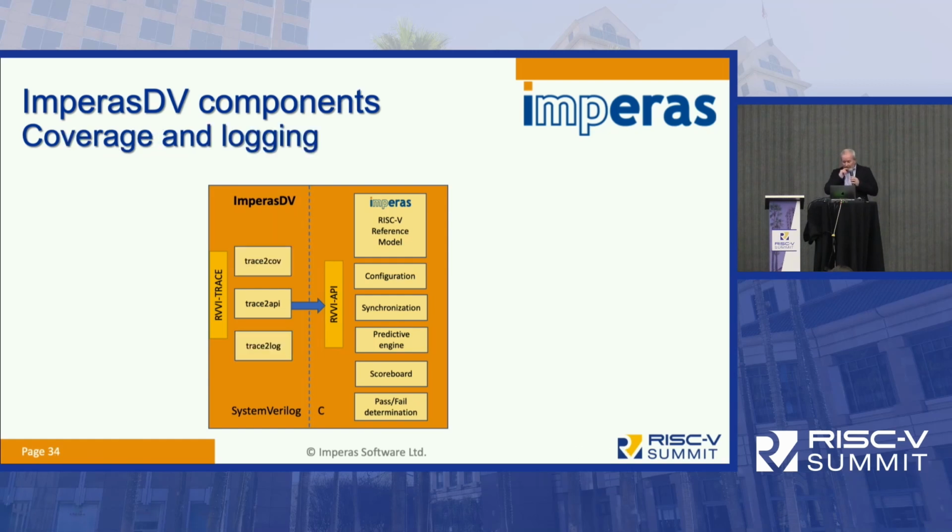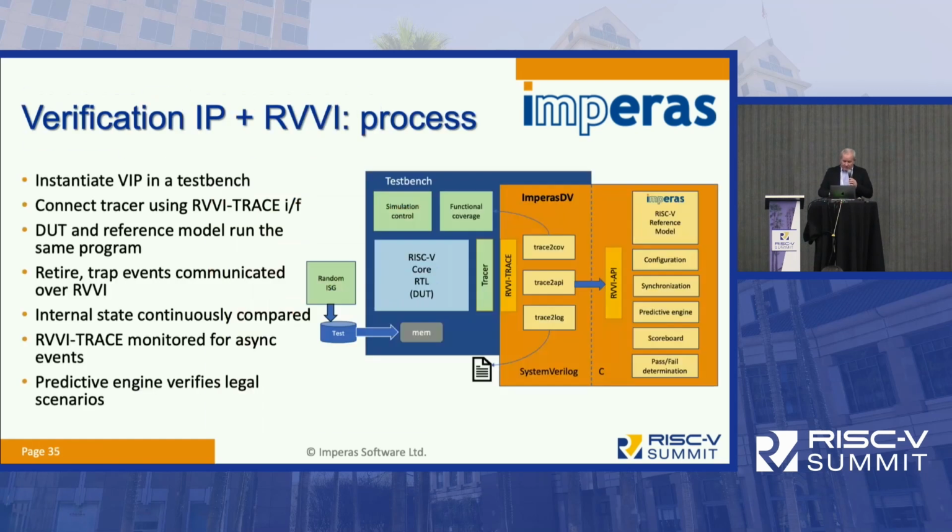Now, on those earlier slides, I showed the fact that we drive this downstream tool using this trace to API, but we also have other plugins here as well, because it's also important to have things like coverage analysis and also logging. So you'll see from this approach that we've built, you have other plugins that give you more and more information.